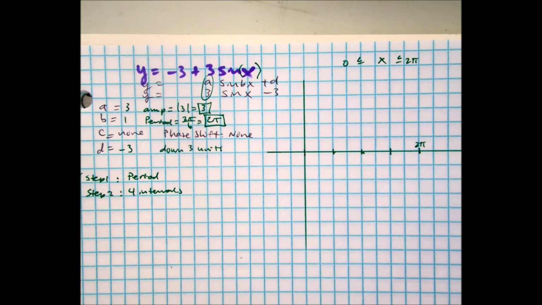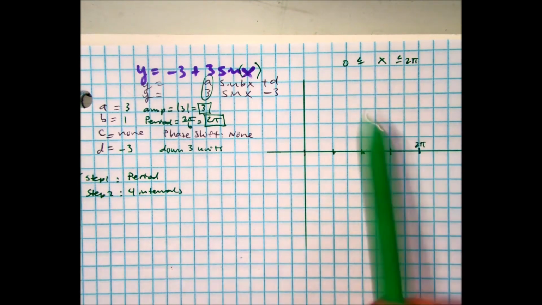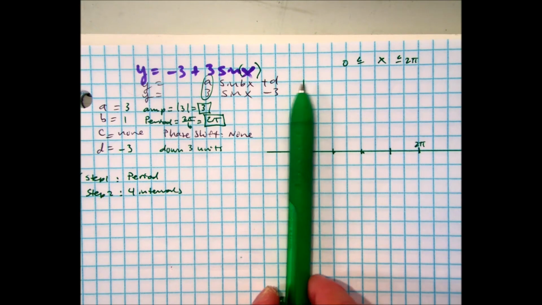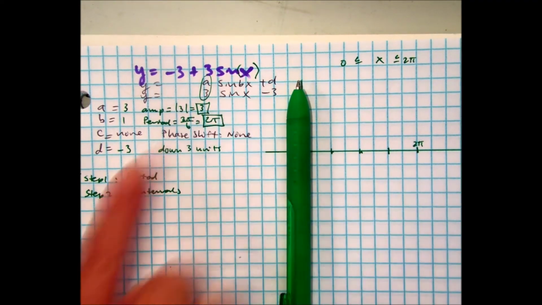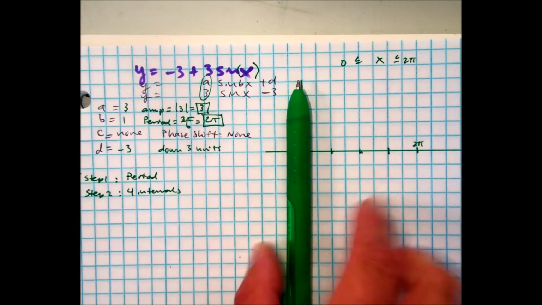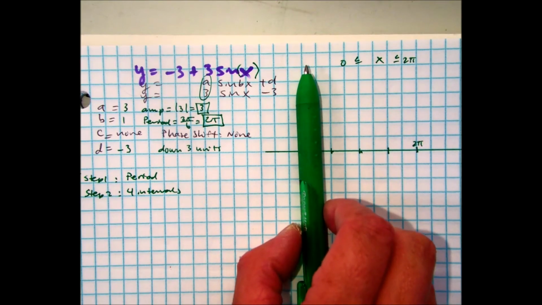Why is that? Esther recognizes there is no horizontal shift. There is no parentheses. There is no C value. So you are starting on the y-axis.